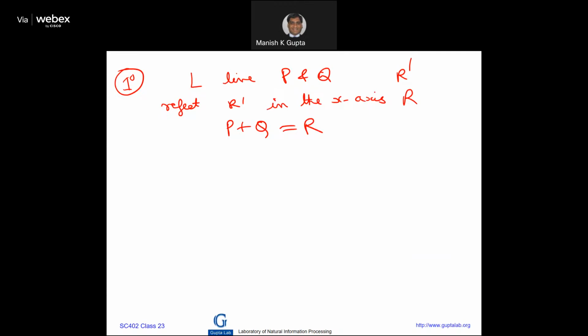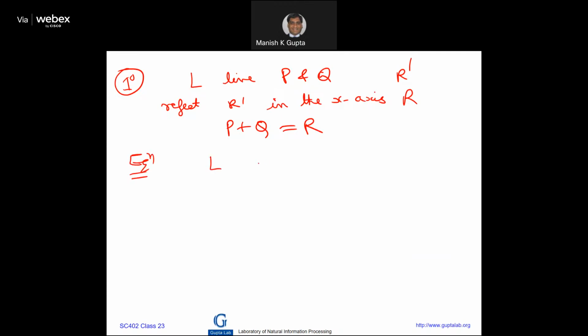You draw the line, it will hit another point. Take the reflection of that point with respect to the x-axis, that is your R. So you can actually find a formula for it, right?